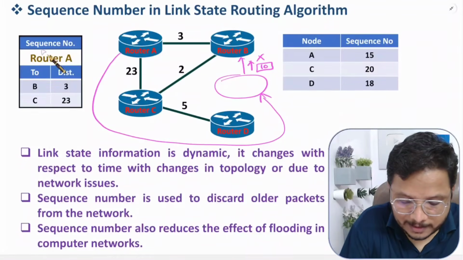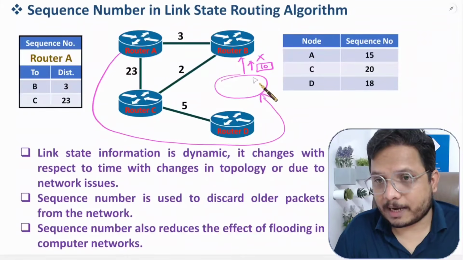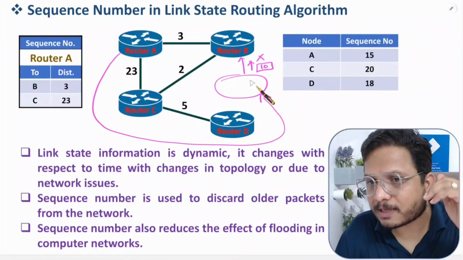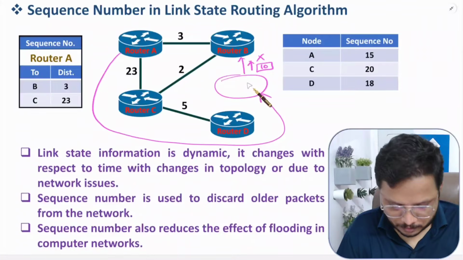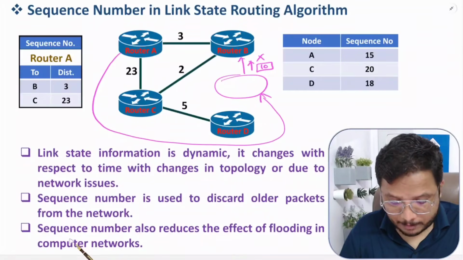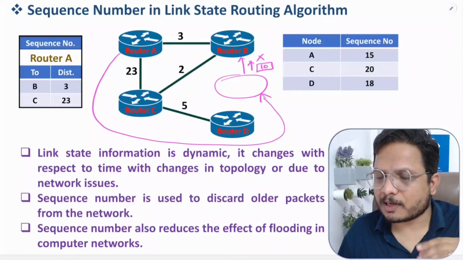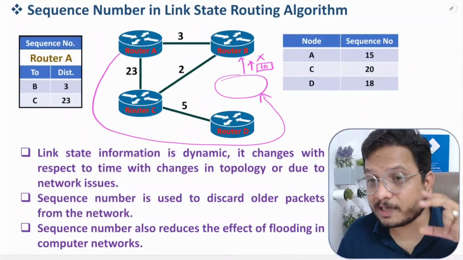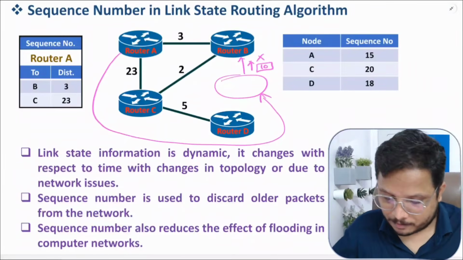So the sequence number is added to discard older packets, and that will reduce congestion in the entire computer network. So the sequence number also reduces the effect of flooding in the computer network, but still there are some issues, and those issues we can resolve with the use of the TTL field and age field. Let me show you how.